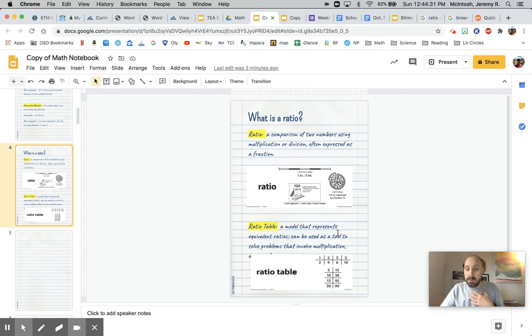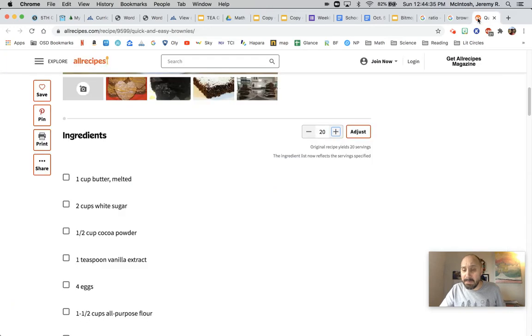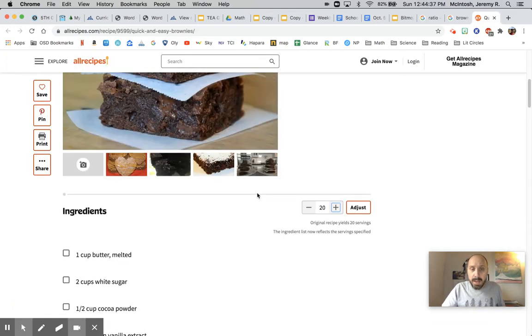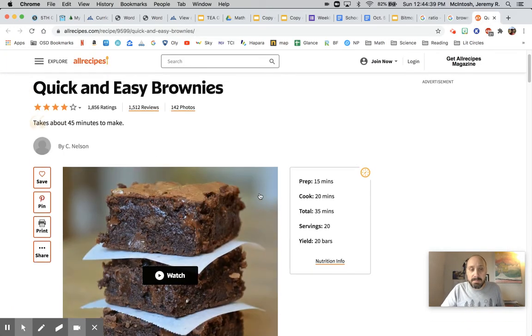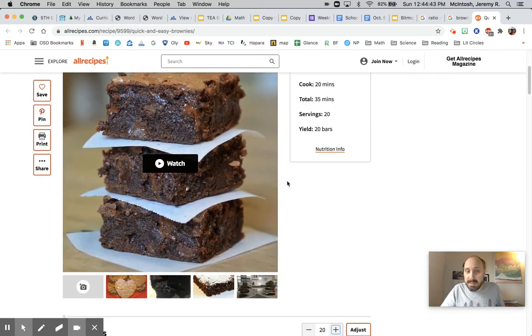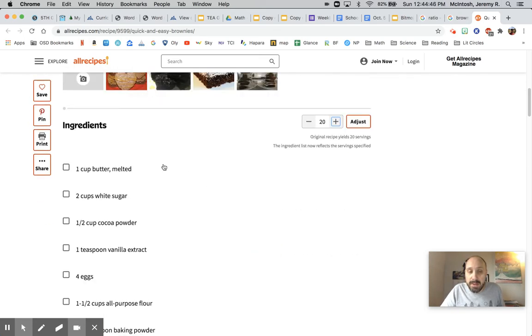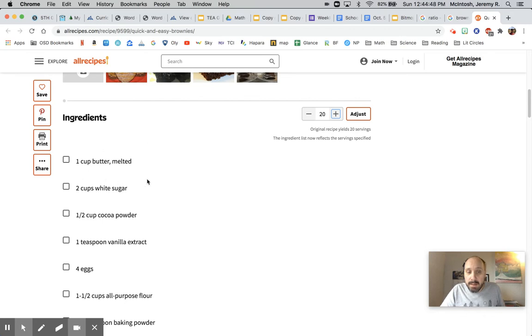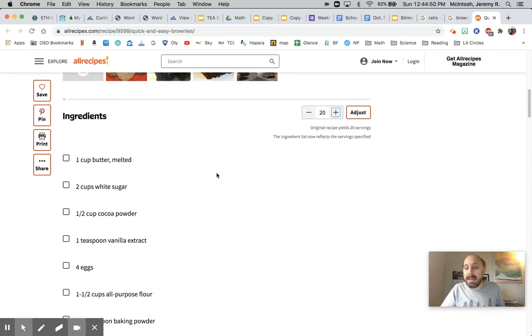I want to give you a real life example. When I'm thinking about recipes, I have a brownie recipe here. It looks amazing, doesn't it? Quick and easy brownies. This website gives you the ingredients over here based off of how many servings you want to serve. In this case, it's brownies, and how many little squares can I get out of this recipe?